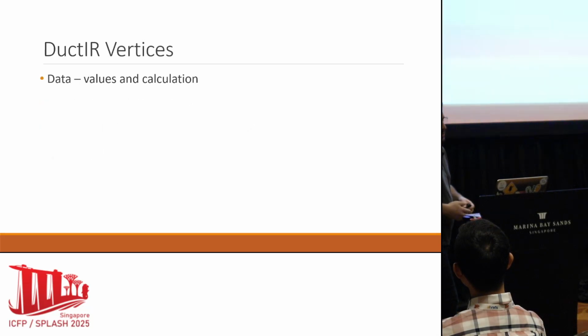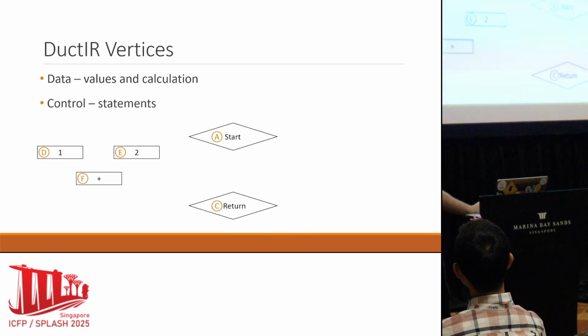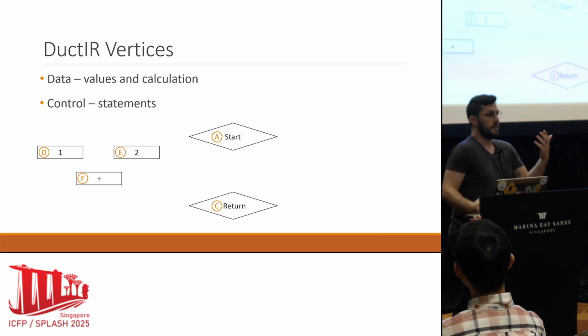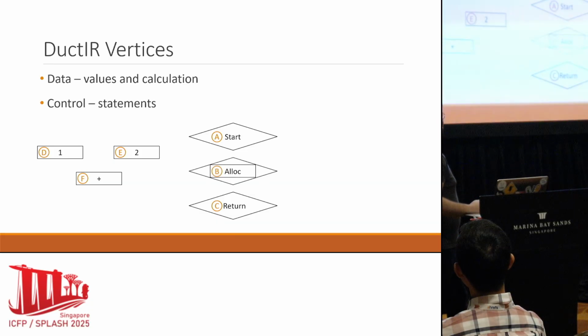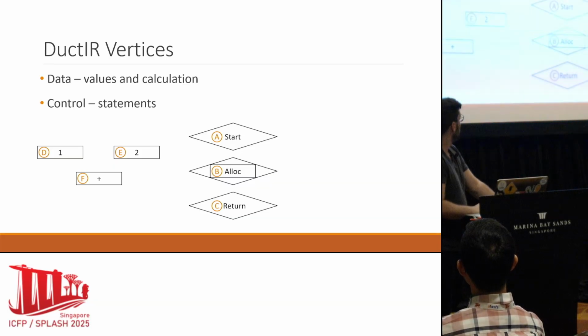I won't go into too much detail of how the graph works, but in general, we have two types of nodes in the graph. Either data nodes, which represent values or outputs of operations, for example, literals or operators like binary operators and so on.